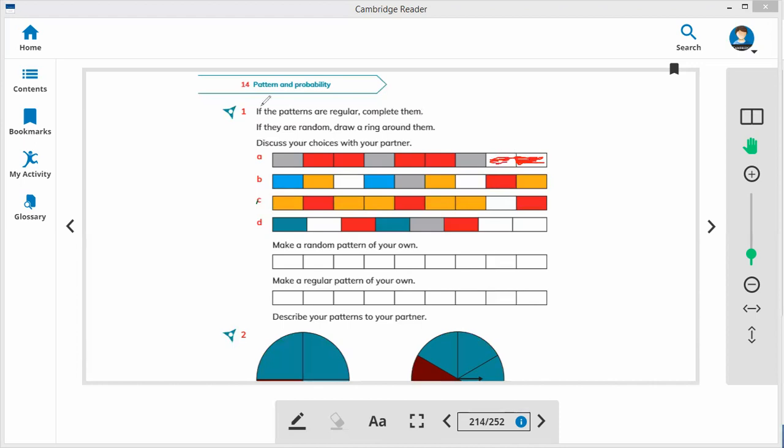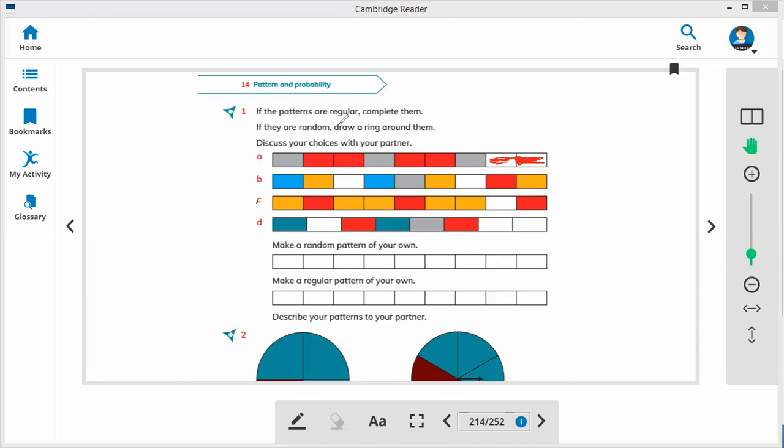Okay, moving on to B, we have blue, yellow, white, blue, gray, yellow, white, red, and yellow. Do you think it is a complete pattern? No, I don't think it is a complete pattern. It is not a complete pattern.